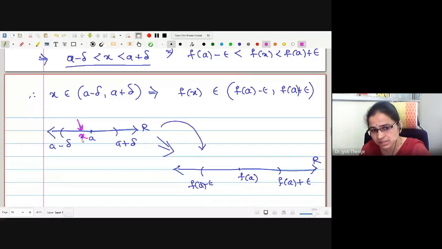If it is in this neighborhood a minus delta to a plus delta, then its f image, that is f of x, is going to fall in this neighborhood f of a minus epsilon to f of a plus epsilon.